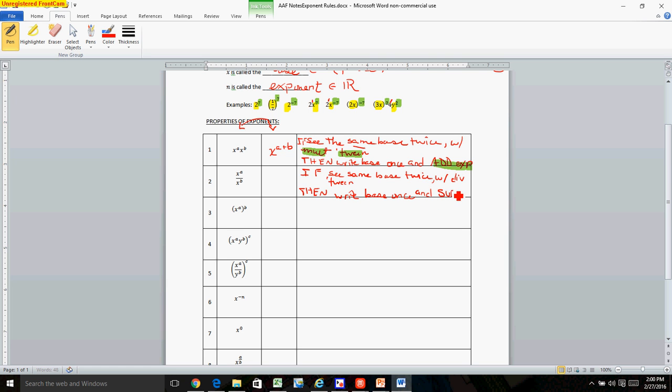Subtract the exponents. Division in between, then you subtract the exponents.